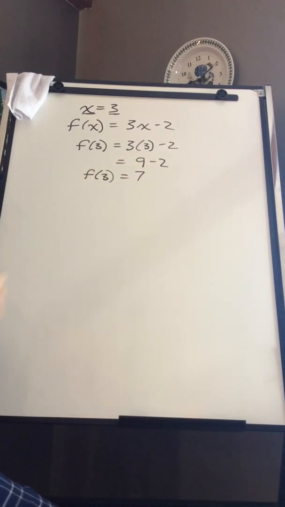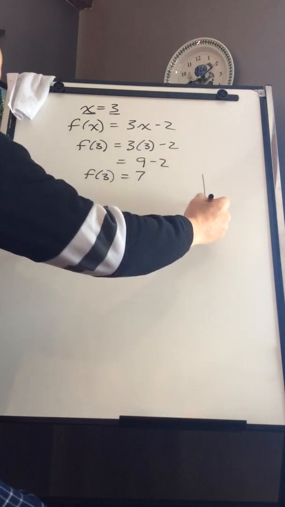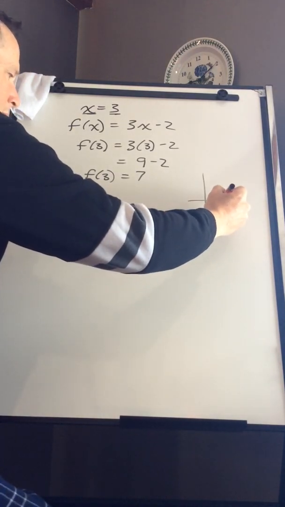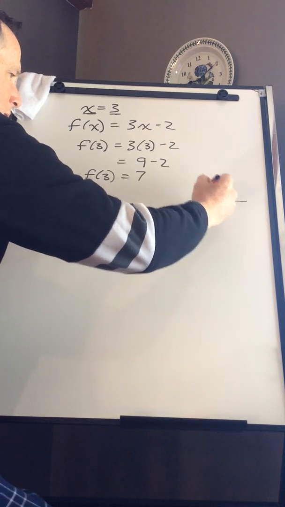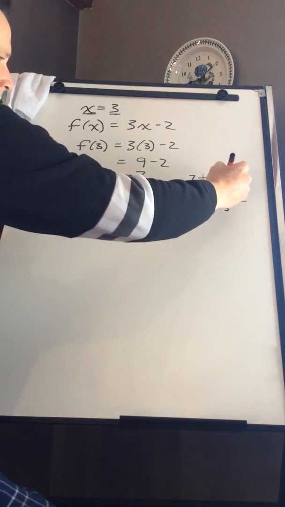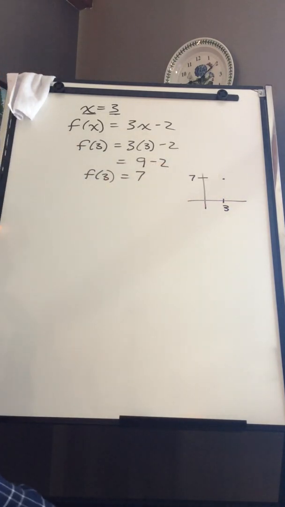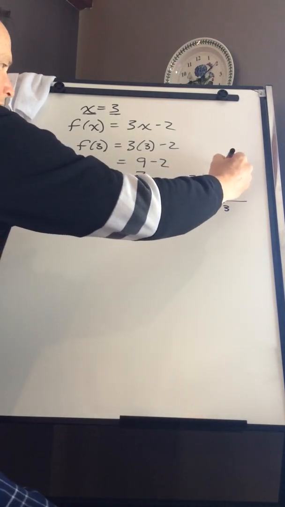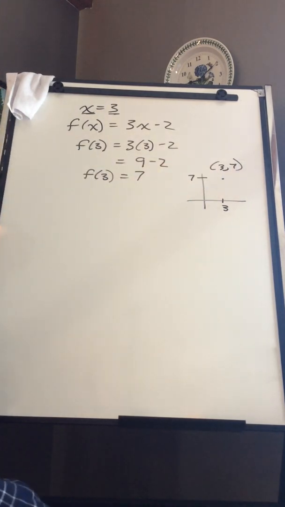Don't do anything else. That's it. So what this means on a graph, x is 3, f of x is 7. So I have a coordinate, a point right there. 3, 7. Okay?